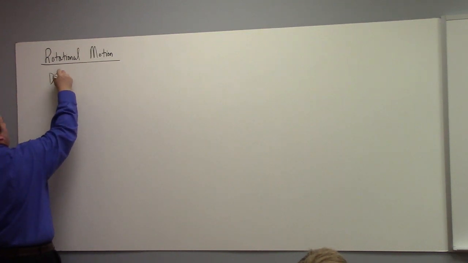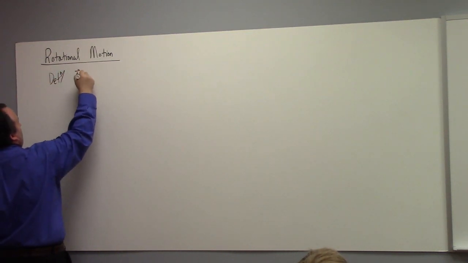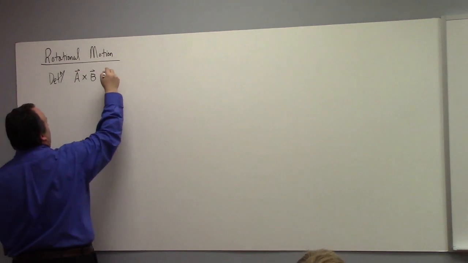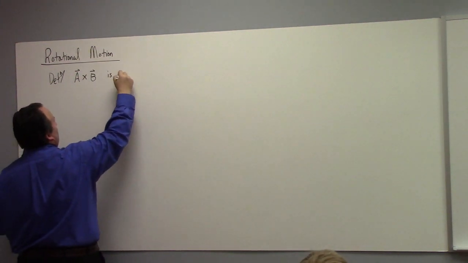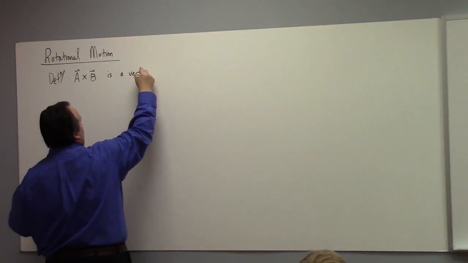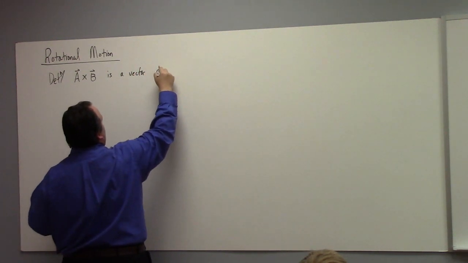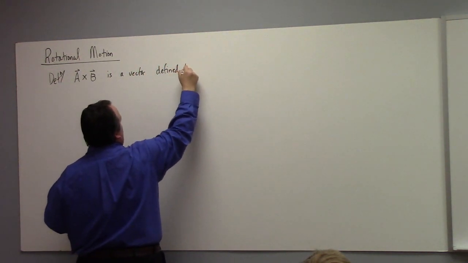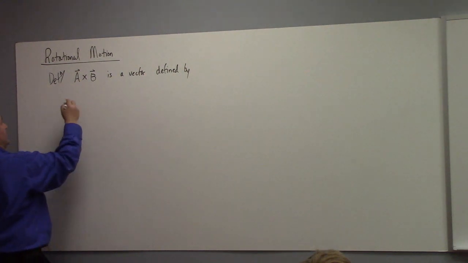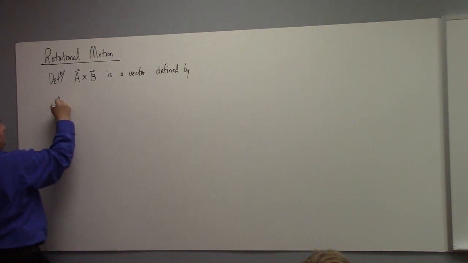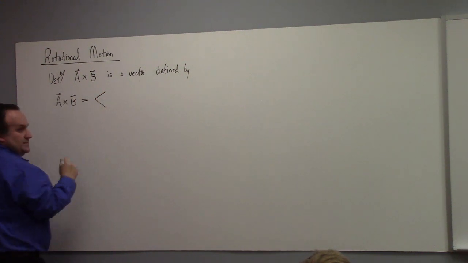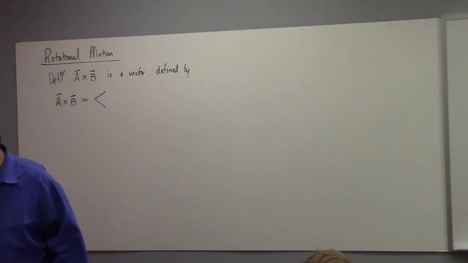So definition. A cross B is a vector defined by the following. There are various techniques, but the one thing is just to write down the formula for it.